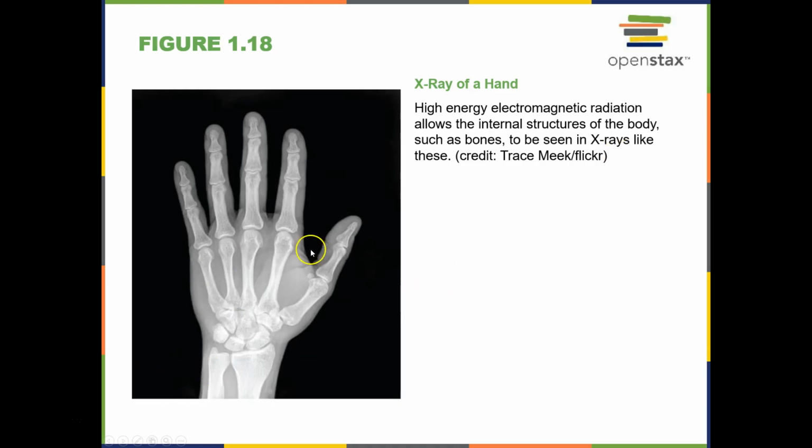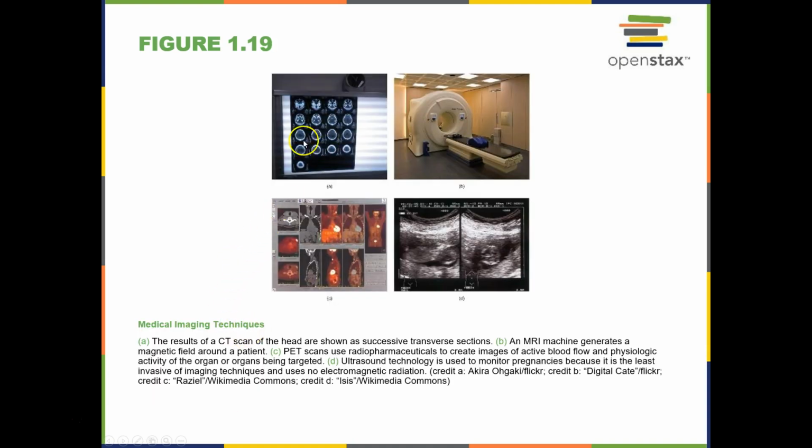So here again, you have that X-ray showing the bones of the hand. And here you see a CT scan of the brain. This is an MRI machine that generates an image using a magnetic field for a high resolution.